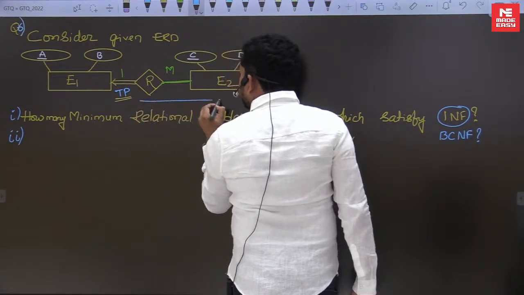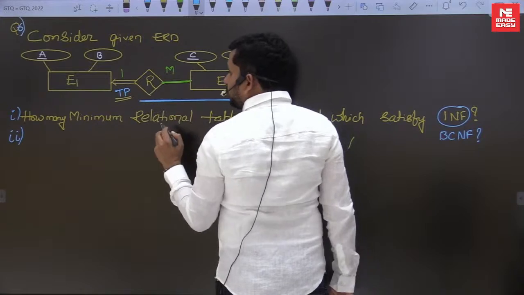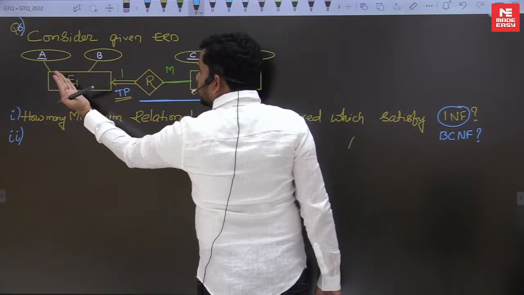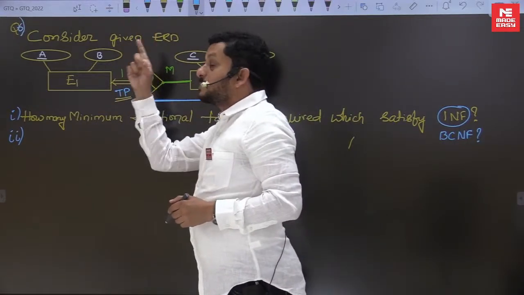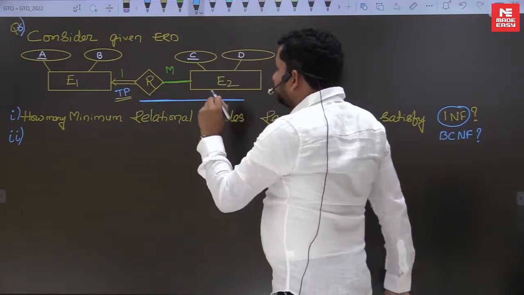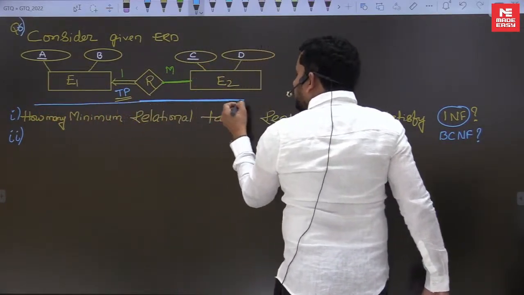So even with total participation or partial participation, a relationship can combine with E2. But we didn't merge E1 into the same table because of the partial participation in the previous question. So if it is total participation, the whole thing can combine into one single table.